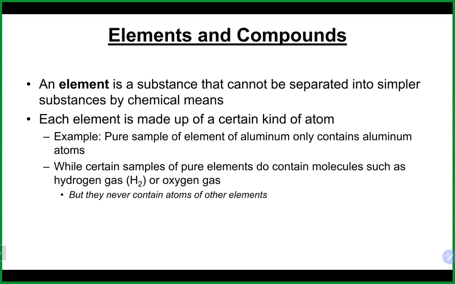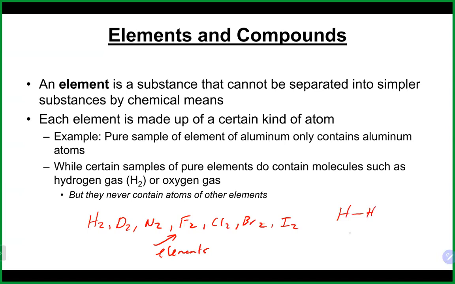Remember that there are some diatomic elements, so diatomic molecules like H2, O2, N2, F2, Cl2, Br2, and I2. These are all elements, as they're only made up of atoms of one element, like hydrogen or oxygen. These are also called diatomic molecules, because they're made up of more than one atom.